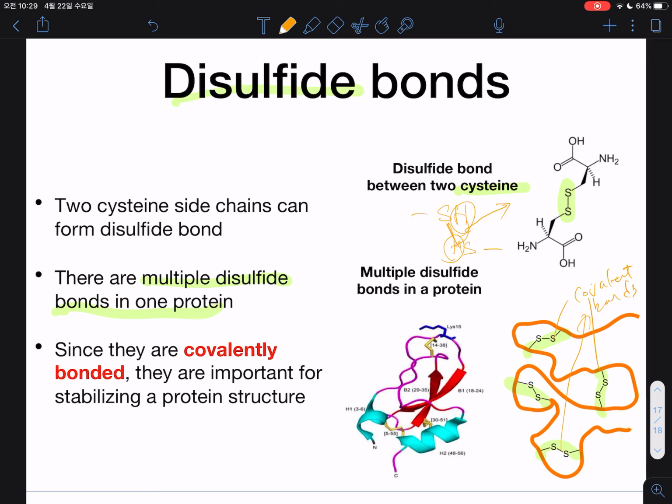Once these disulfide bonds are formed, they rarely become broken, and so they just keep this distance, right? So they play an important role in stabilizing protein structure.